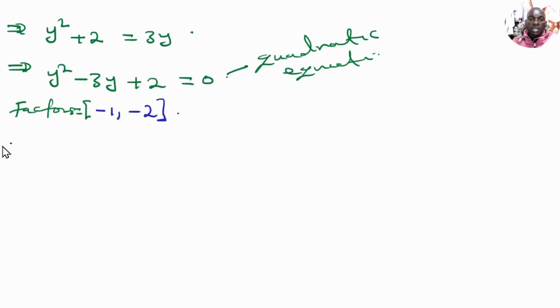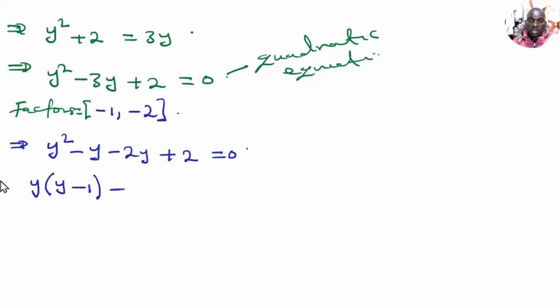So from here, the next step, we are going to substitute in. Where there is negative 3y, we just put this. So we are going to have y squared minus y minus 2y plus 2 being equal to 0. So let us pull out y. It remains y minus 1 minus, let us pull out 2, into y minus 1 equals 0.